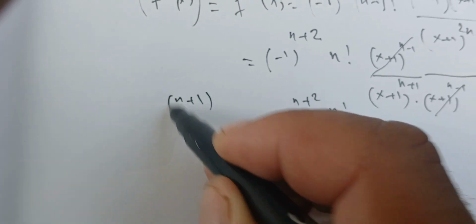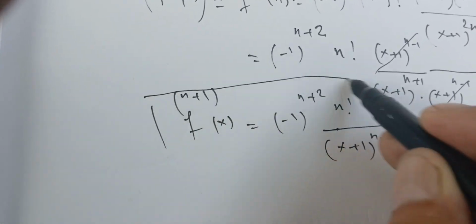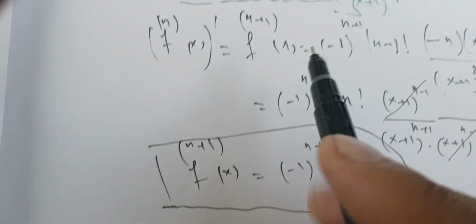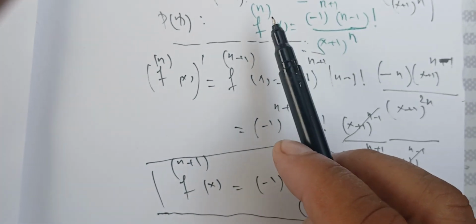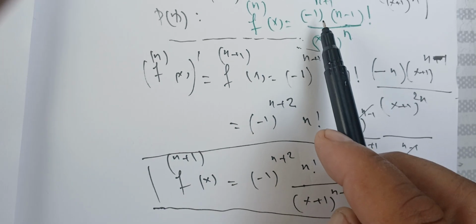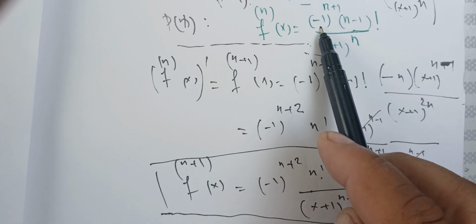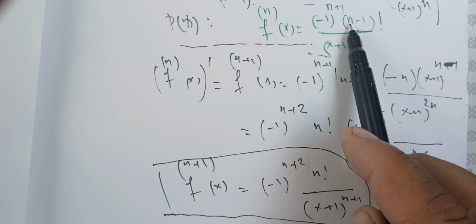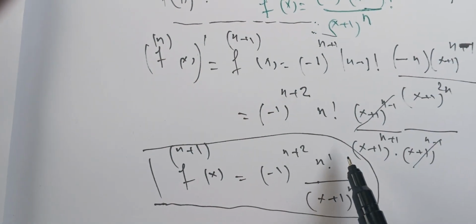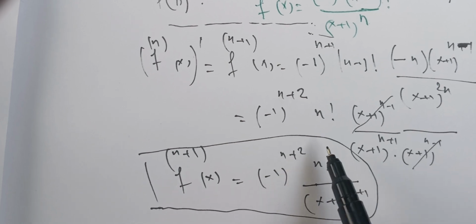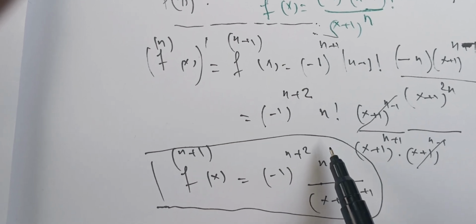And therefore this is true. In my statement, when I change n to n plus 1, I should have minus 1 to the power n plus 2, and n factorial over x plus 1 to the power n plus 1. And this is what I have. That means the statement for n plus 1 is true.